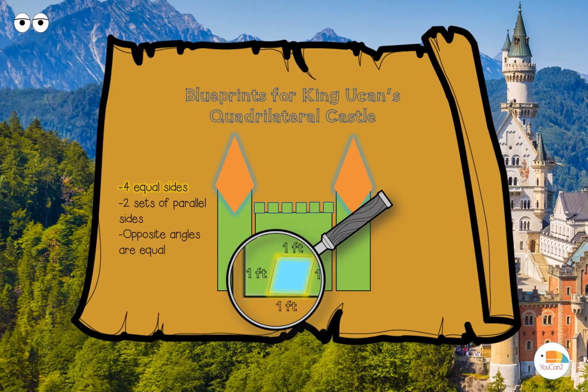They are congruent. I can also see that it has two sets of parallel sides. What about the angles or corners? Let's take a closer look at that. Yep, I think that opposite angles are congruent or equal.